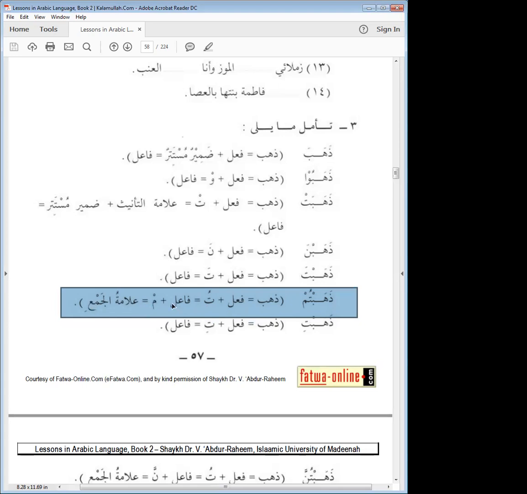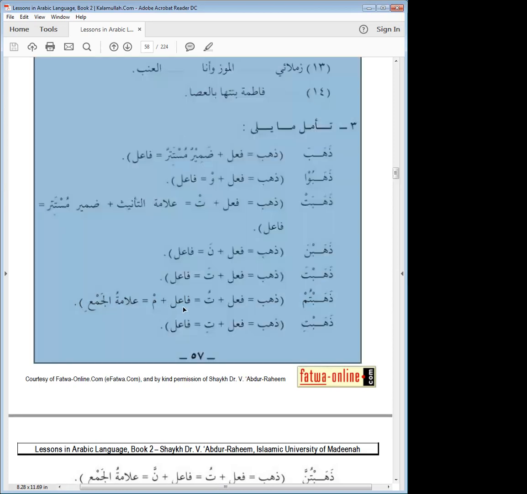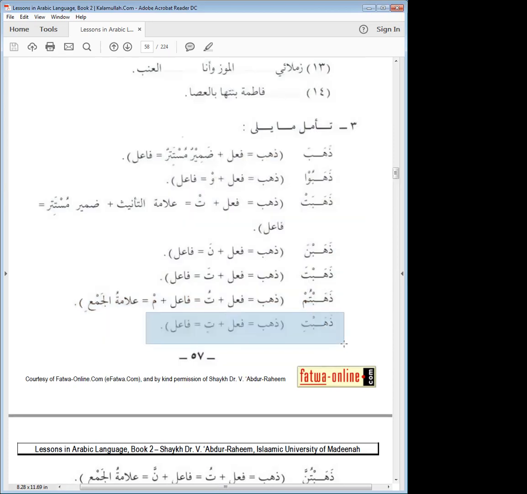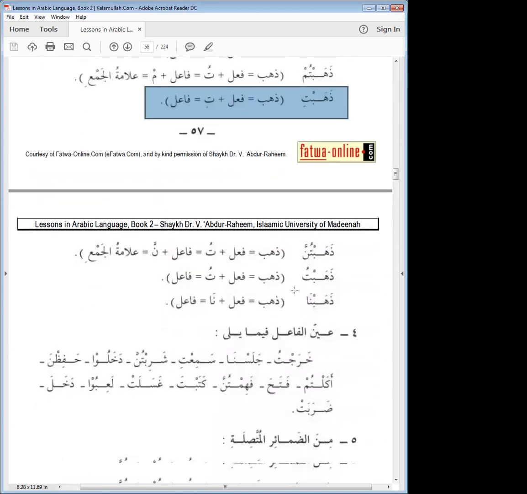This distinction between the ta and the mim in the suffix tum is a little bit advanced grammar here, but we could just say the tum at the end is the fa'il. Then you have dhahabti. The dhahaba is the verb, and the ti at the end is the fa'il.